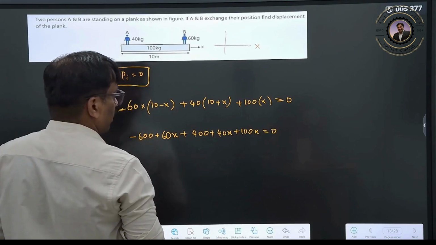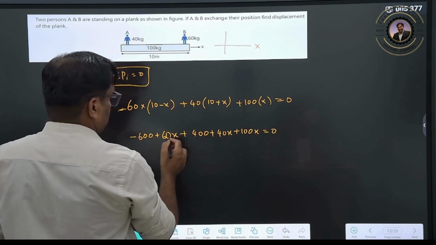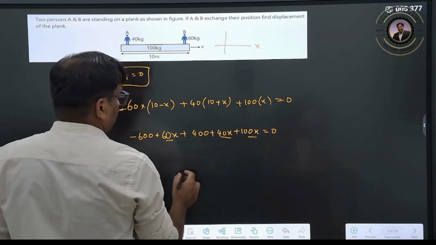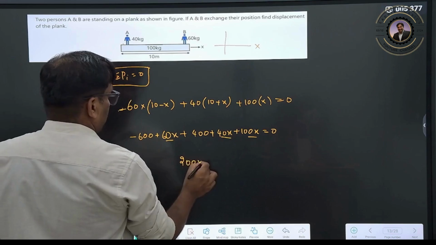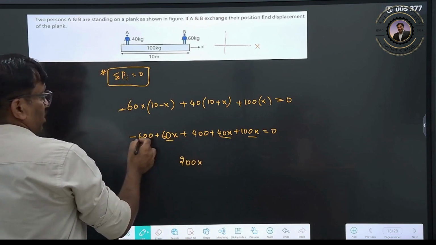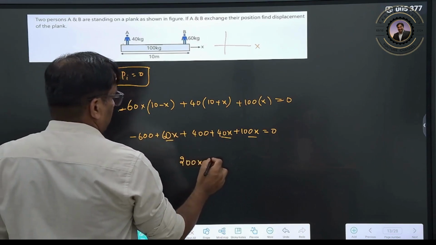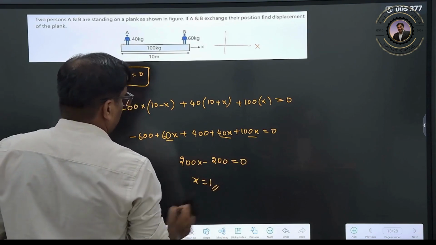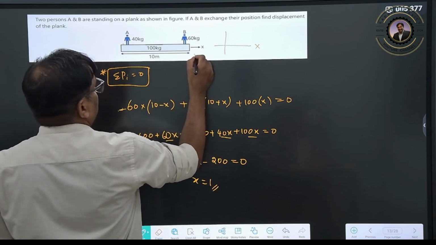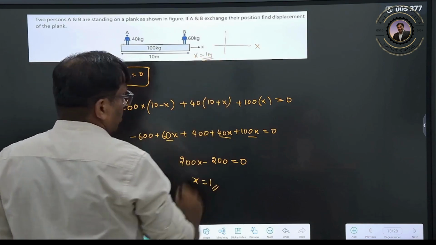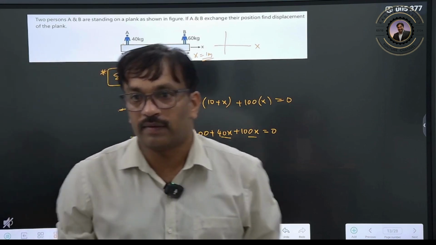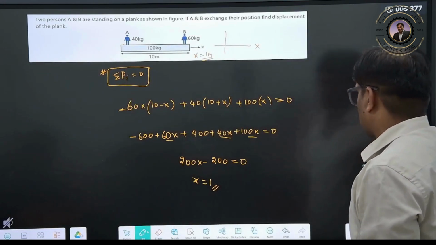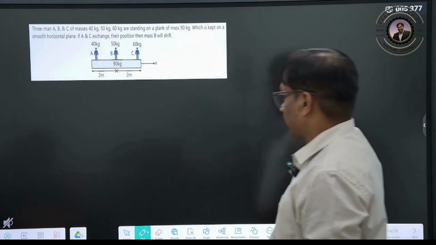So how much will it be now? 60, 40, 100 means 200x. Here 400 minus 600 means minus 200, equal to 0. So x is equal to 1, therefore it will travel a distance of x equals 1 meter. Clear? In this way you can solve the problems very easily.